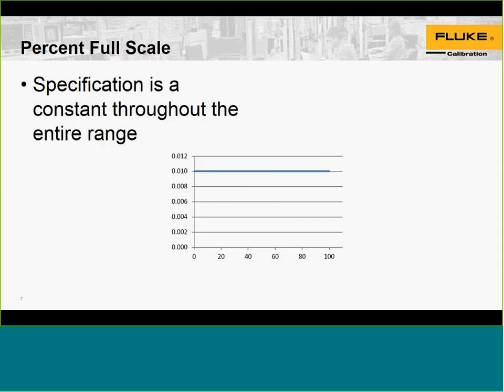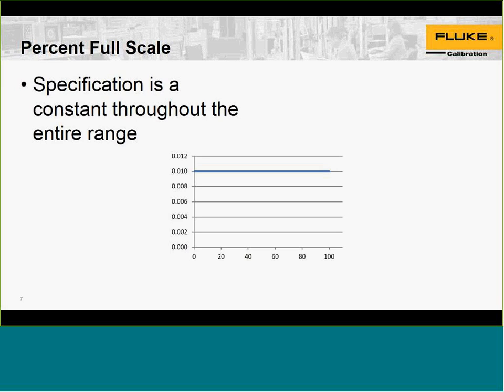Percent of full scale. Here we saw that the percent of reading specification is proportional to the pressure applied, no matter what the full scale of the sensor range is. Now with the full scale specification, the specification is proportional only to the full scale, or the range of the instrument.